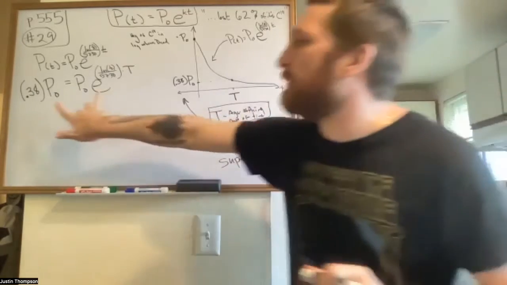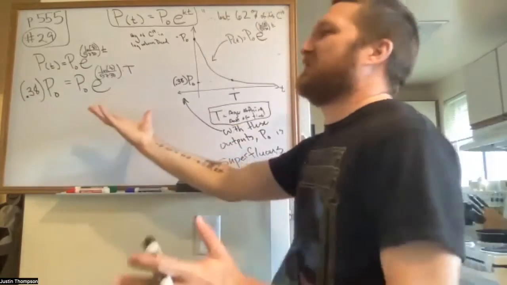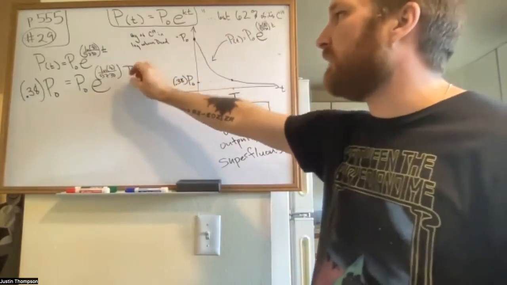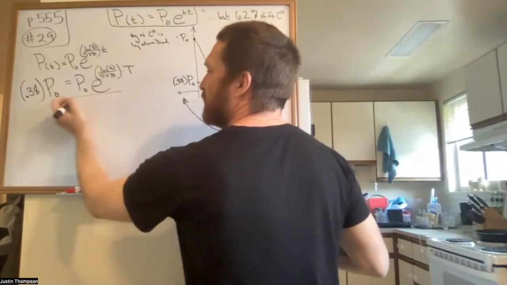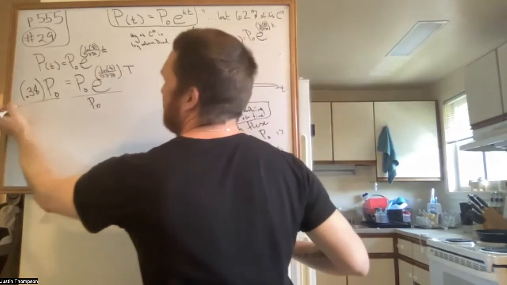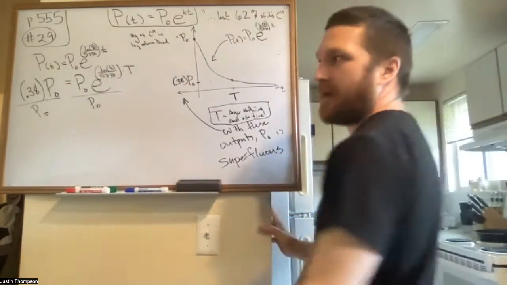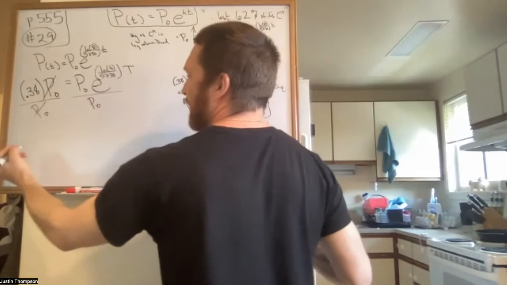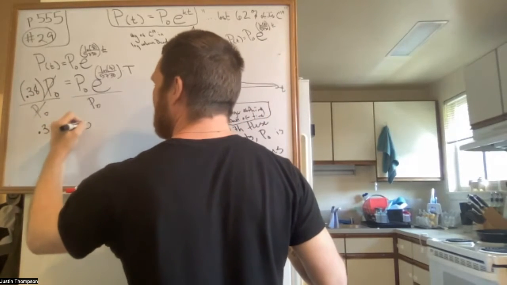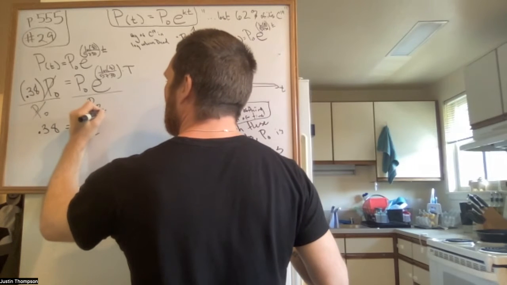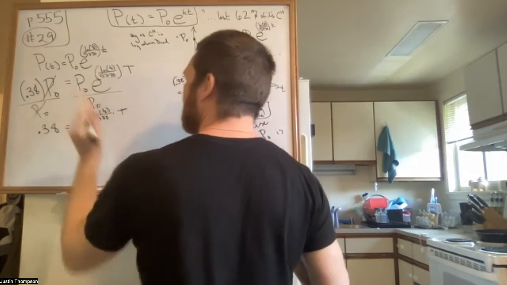And even if it didn't happen to be P0 on both sides, if this was a 4 and that were a 5, that would still be my first step. Because I'm trying to get T by itself and I'm working my way out. I say the last thing that happens is this guy here, so we're going to get rid of whatever that is. Lo and behold, that happens to make our lives easier on the left-hand side. So that guy goes away. We're left with 0.38 equals e to the natural log of 1/2 over 5730 times big capital T.